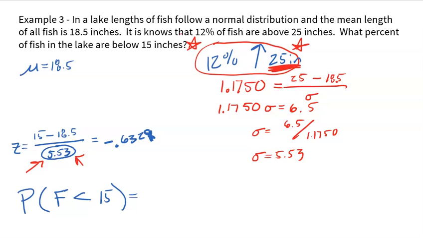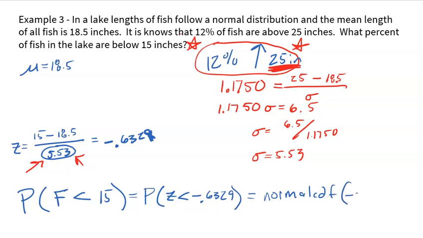Sorry. I'm really bad at writing sometimes. So answering the question about being less than 15 is the same thing as a z-score being less than negative 0.6329. To get that answer, I'm going to utilize normal CDF. Again, I'm showing all of my work. Please do this. I'm going to go from negative infinity, because I got a little below, to the z-score of negative 0.6329 using the standard normal model of 0 and 1.